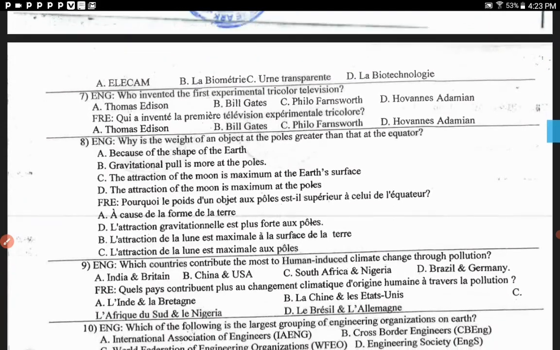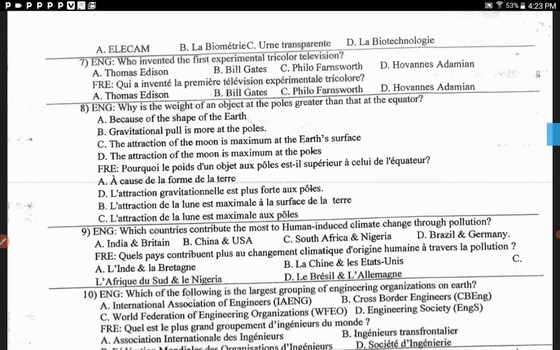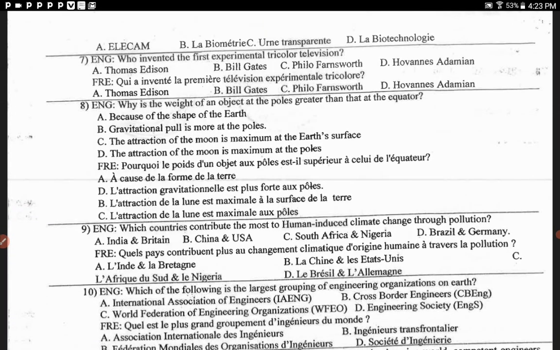All right, here comes question 7. Who invented the first experimental tricolor television?